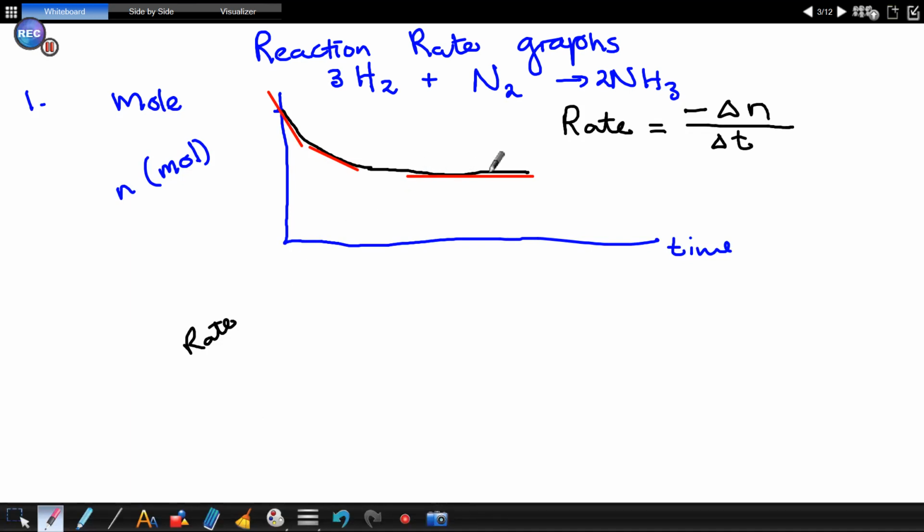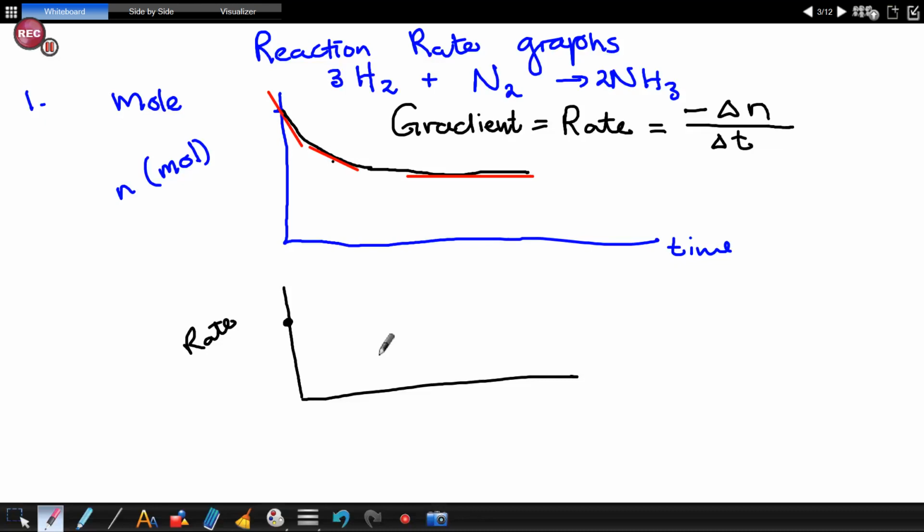Here, the rate is the gradient. The gradient of the mole time graph gives you the rate. Are you with me? You get a rate graph where if I use this gradient, it will be there.